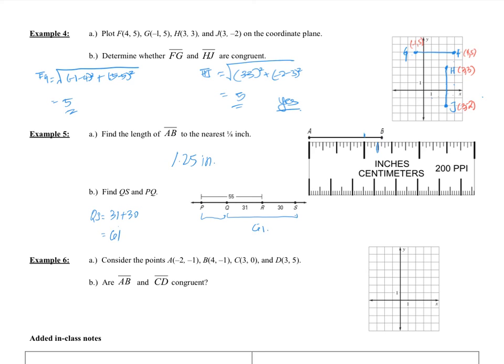And for PQ, I would do PR minus QR. So PR is 55 and QR is 31. And that would be 24.